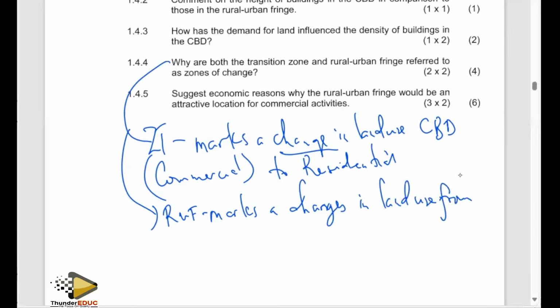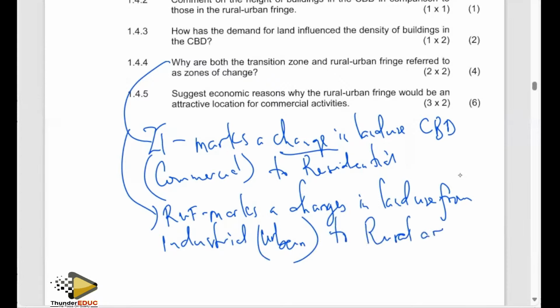from industrial, in this instance, it's mainly industrial, which is part of urban, it's an urban land use zone, to rural areas. After the zone of transition, we are completely going into a rural area. So it's a zone of change. We are transiting from urban functions going to rural functions.